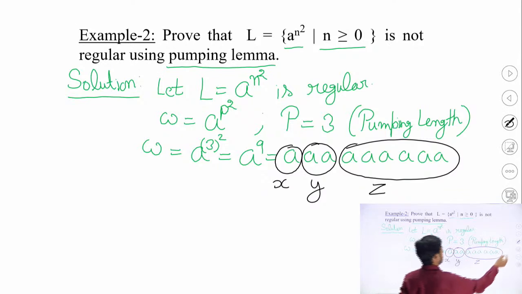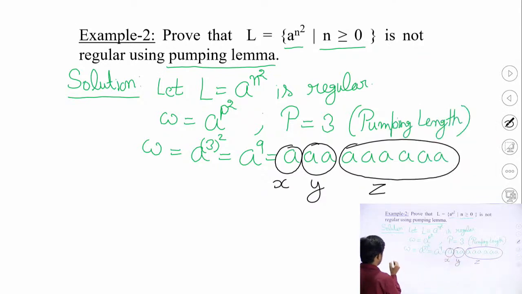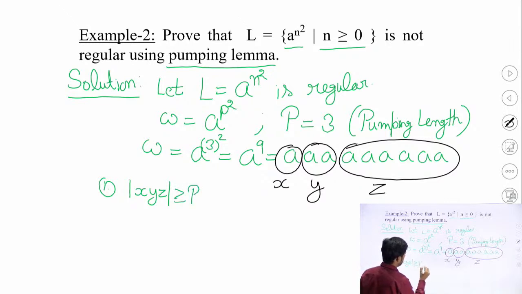Now let's check the first condition. The first condition is mod of x, y, z greater than or equal to p.